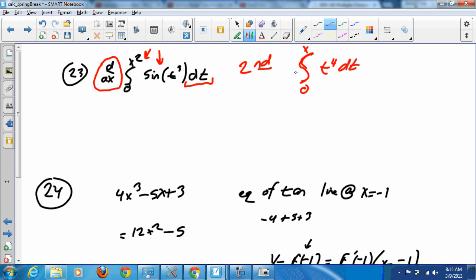If you're taking the derivative of this, the shortcut is to just plug the upper limit into the t, but you have to remember that you're taking the derivative of this upper limit in terms of x. So the derivative of that is just 1. Just keep that in mind. Notice that this is not just simply x. It's x squared. Alright, so I'll let you take it from there.